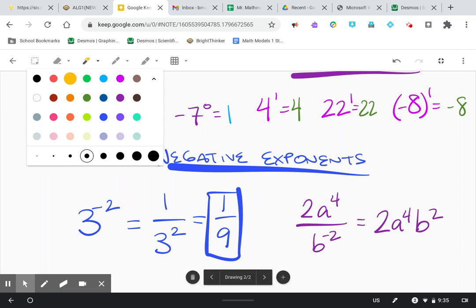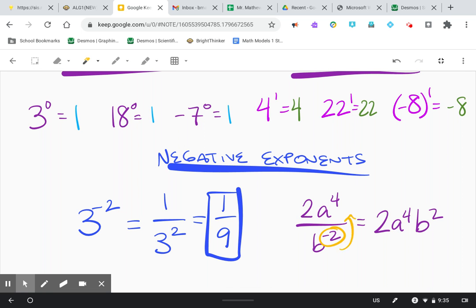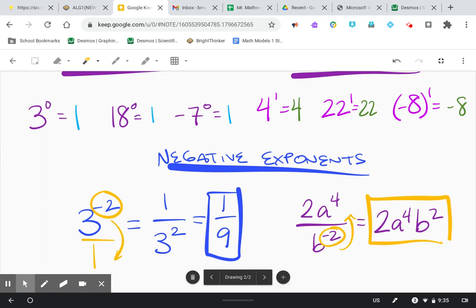Just like I moved this 3 to the negative exponent down and it becomes positive 2. This would be the final answer there. So that's what we're going to do with negative exponents.